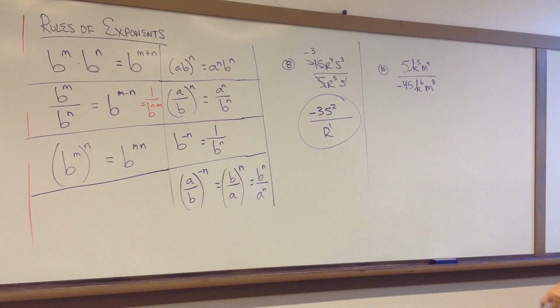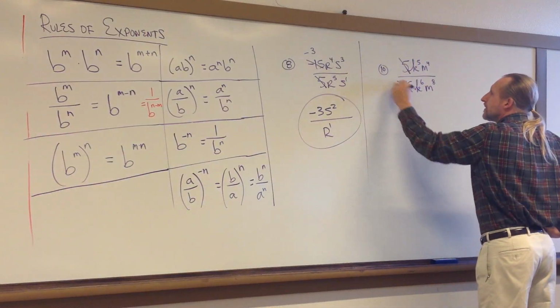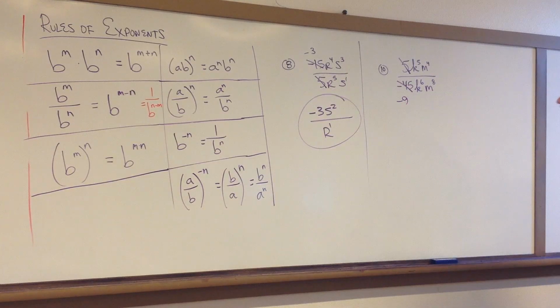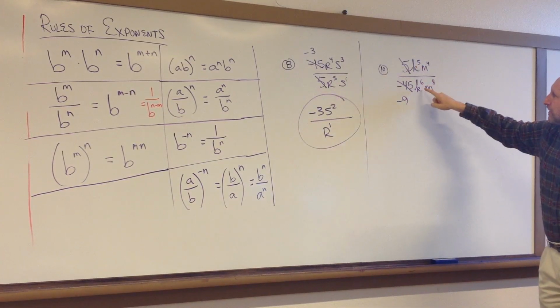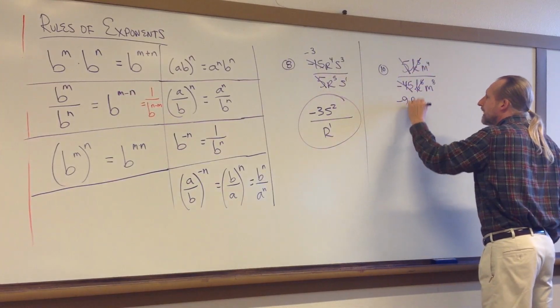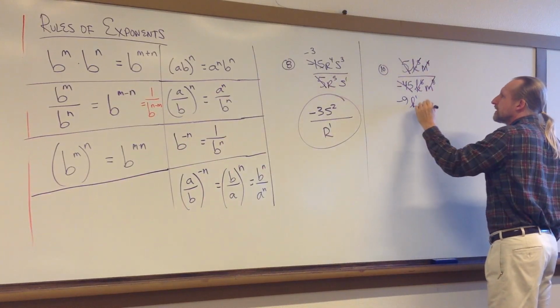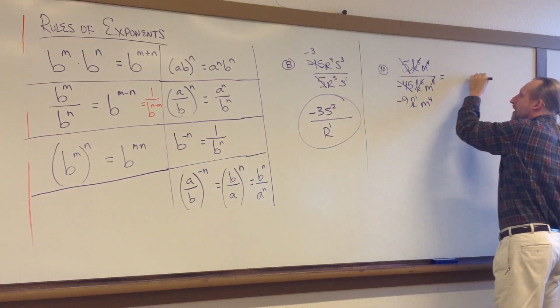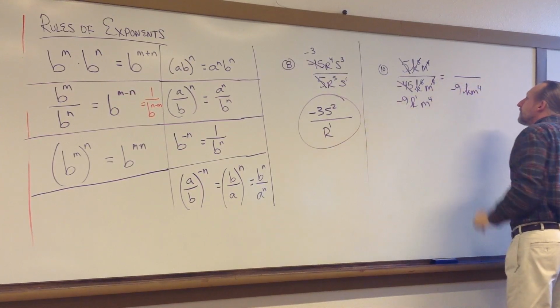So, let's see here. 5 goes into -45 -9 times. All right. This k to the 5th here will cancel out 5 of these k's and leave us with k to the 1st power. This will cancel out 4 of these and leave us with m to the 4th. So on the bottom we've got -9k m to the 4th.